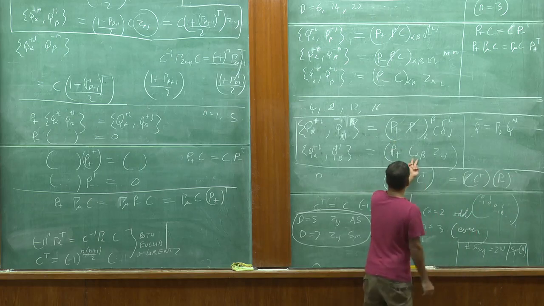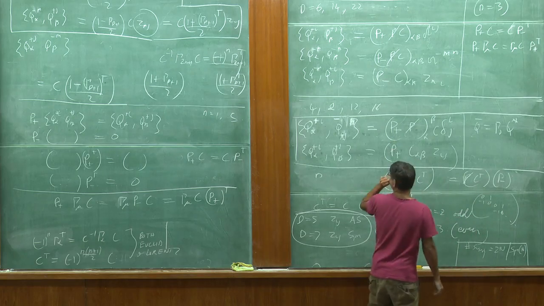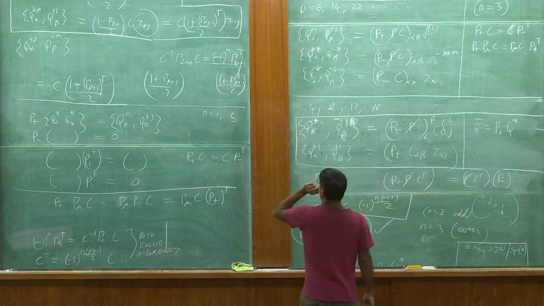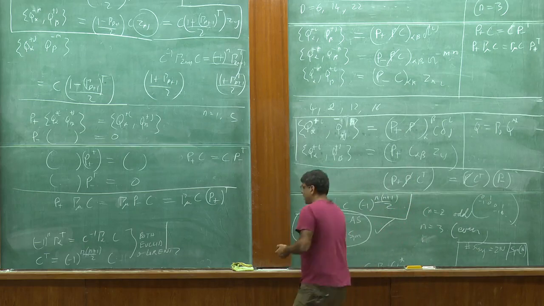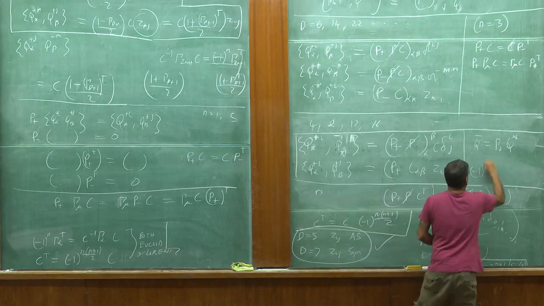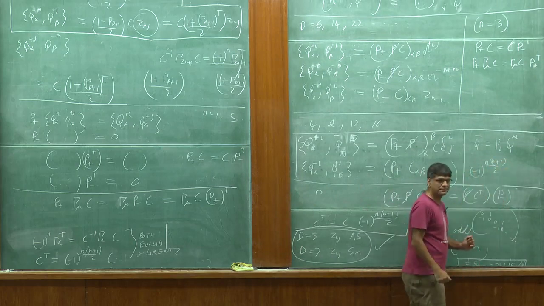Yes, and in this case, C is symmetric because what? C was minus 1 to the power n(n+1)/2. C transpose was this.